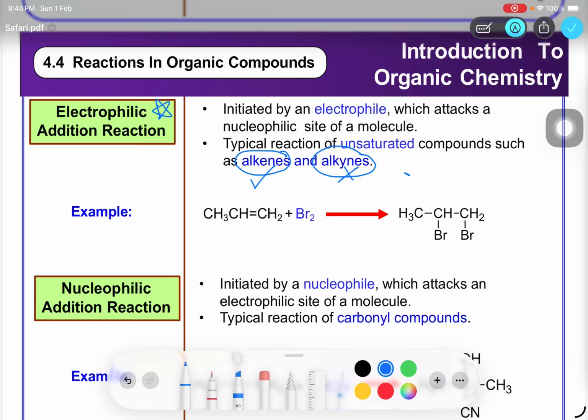So if asked about type of reaction of alkene, always give the answer electrophilic addition. While the second type of addition is known as nucleophilic addition and always will involve carbonyl compound. Carbonyl compound is the compound that always has carbon double bond O.